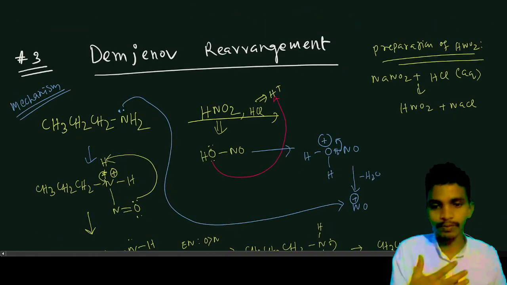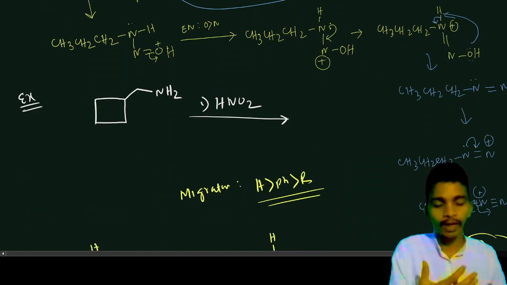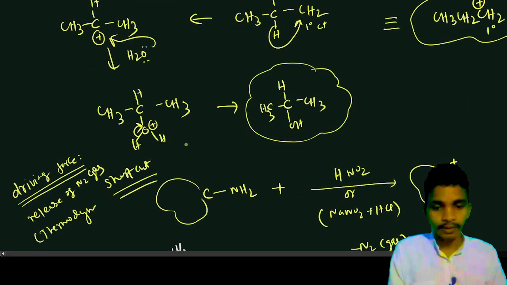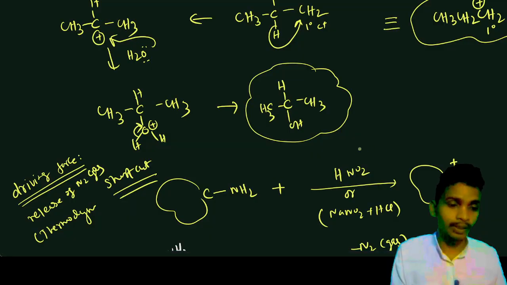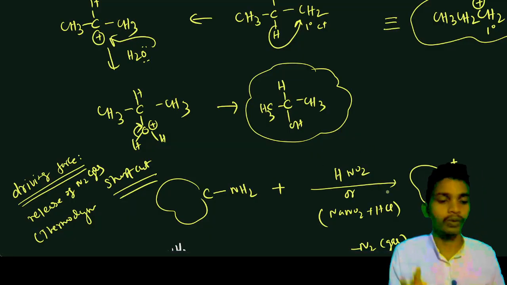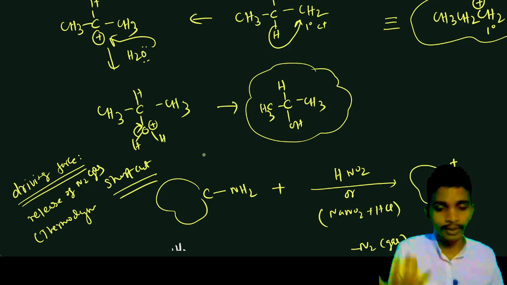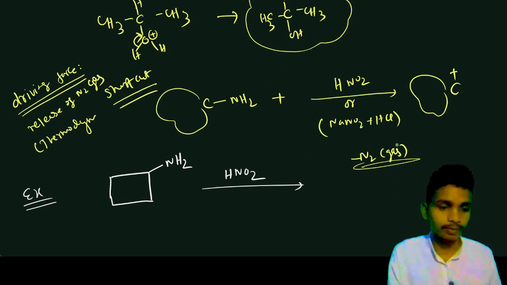This is the mechanism of the Demjanov rearrangement, how the nitrogen gas will be released. So whenever you see NH2 in a reaction, with the reagent HNO2 or NaNO2 plus HCl, then simply release the nitrogen gas, because releasing nitrogen gas means its randomness will be increased, which means a thermodynamically more stable product will form.